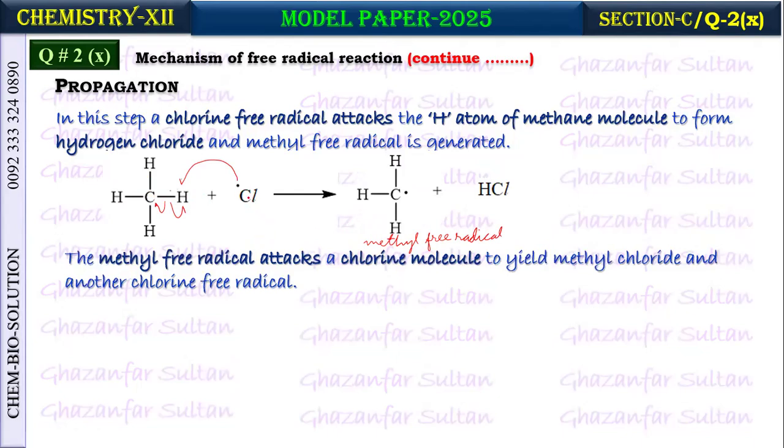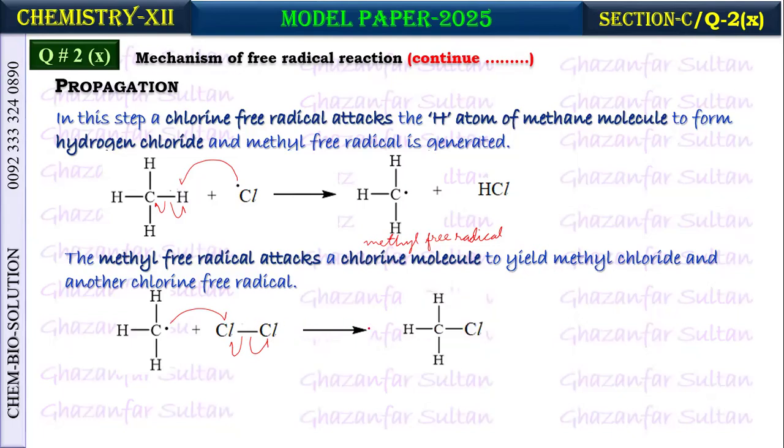Now the process continues. The methyl free radical attacks another chlorine molecule to yield methyl chloride and another chlorine free radical. So now this chlorine free radical attacks one of the chlorine atoms, and as a result, homolytic fission occurs, and first the methyl chloride is obtained and another chlorine free radical is obtained.